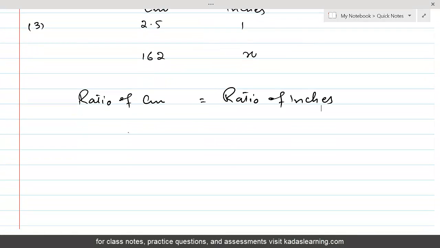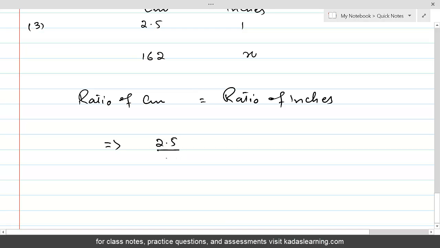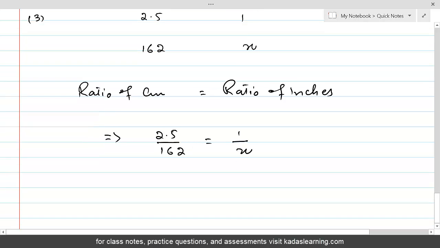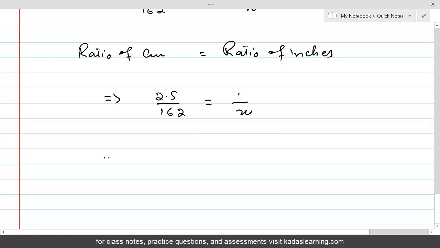Therefore 2.5 divided by 162 is equal to 1 over x, and like always we are going to cross multiply this for the solution.